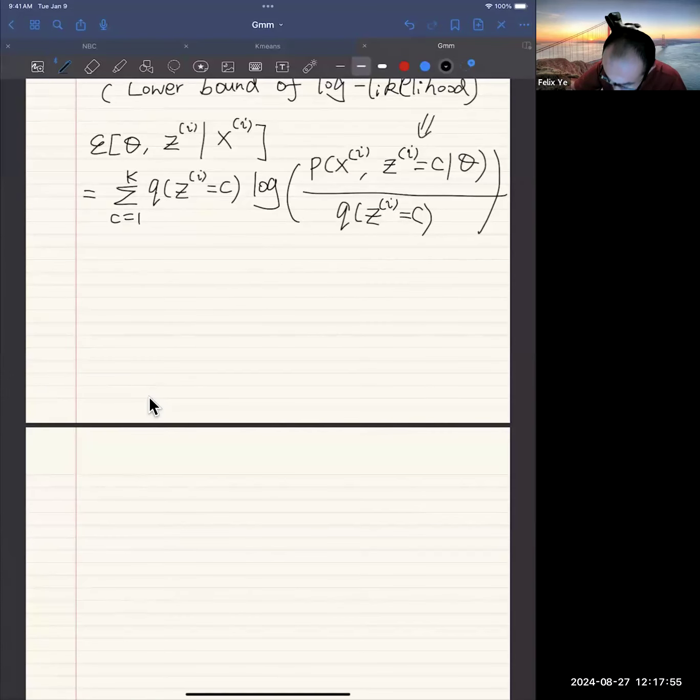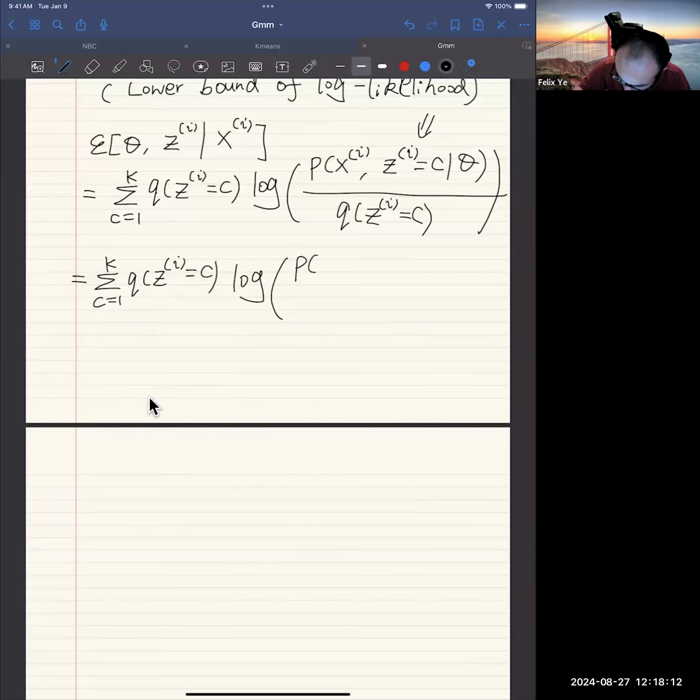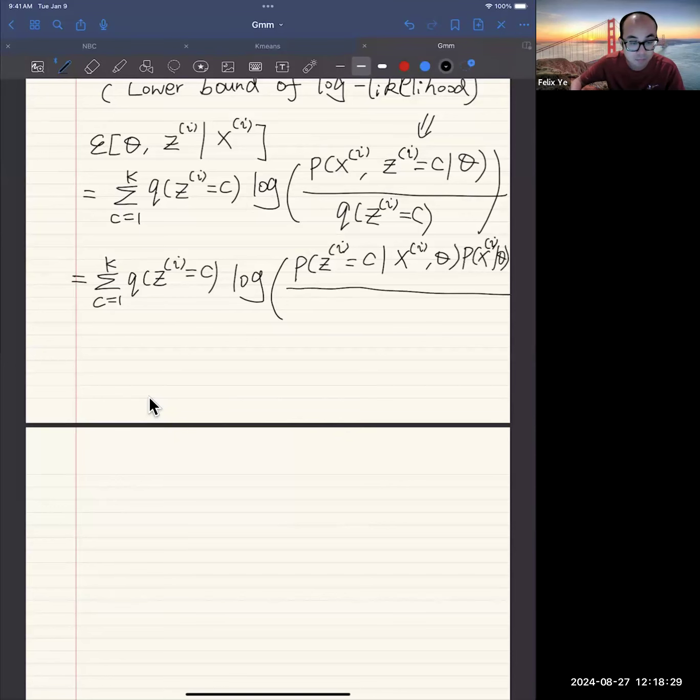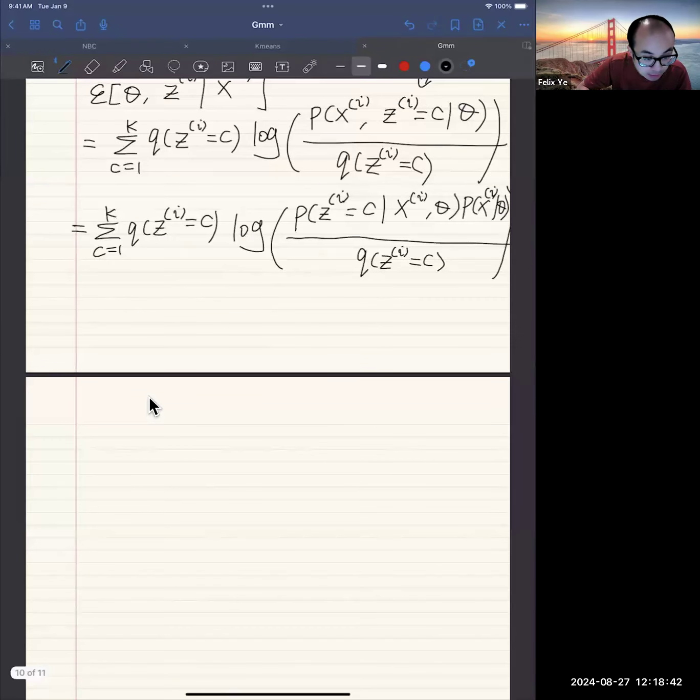On the top, this is a joint distribution. We can use conditional probability to write it out: probability of z_i equal to c conditional on x_i and theta, times probability of x_i conditional on theta, over q of z_i equal to c.